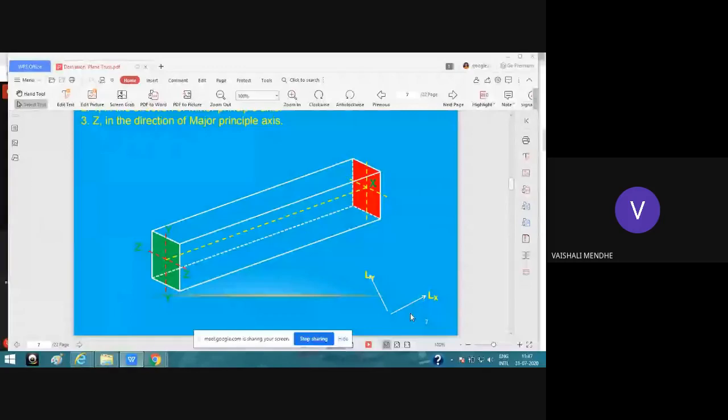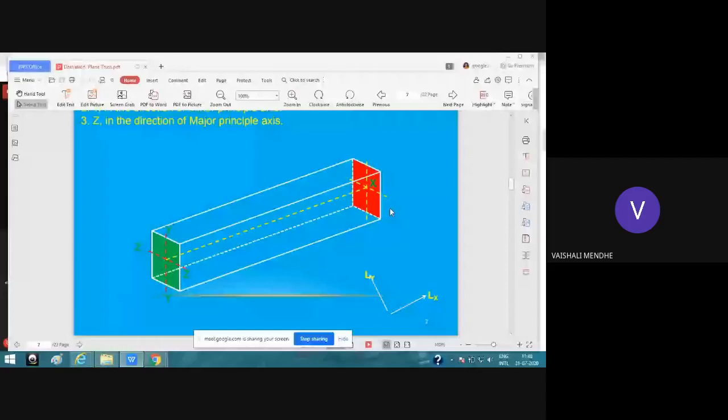The local x axis is always from the start to the end of your member, and that local axis always acts along the member. If your member is inclined, the local x axis will act along the inclined member, from the starting end to the ending end of the member.